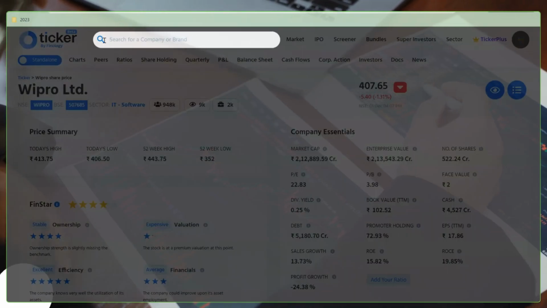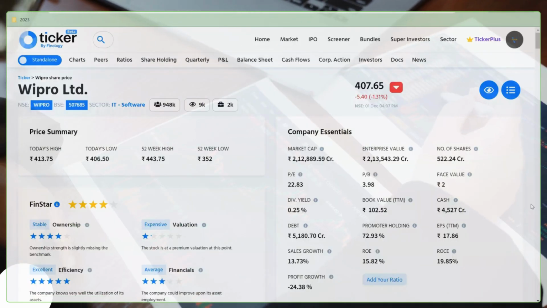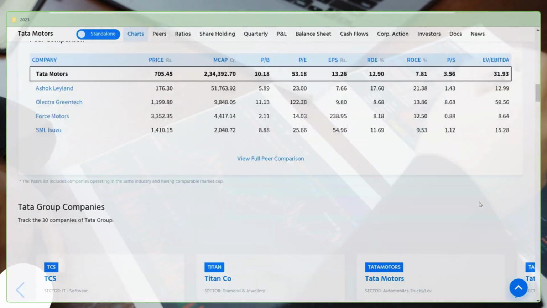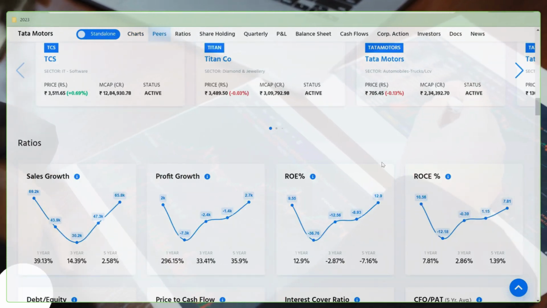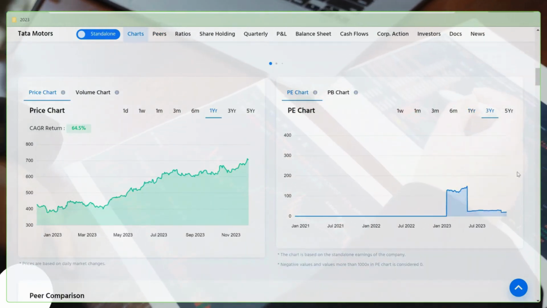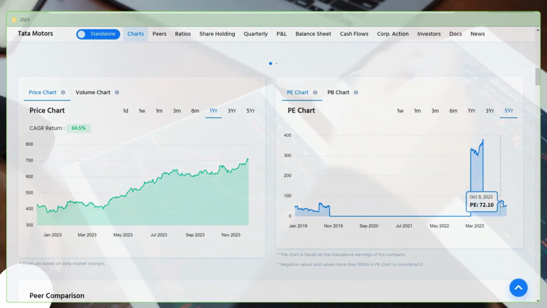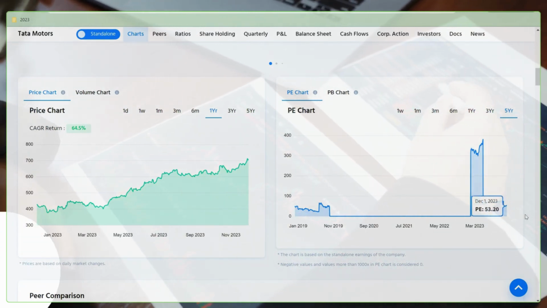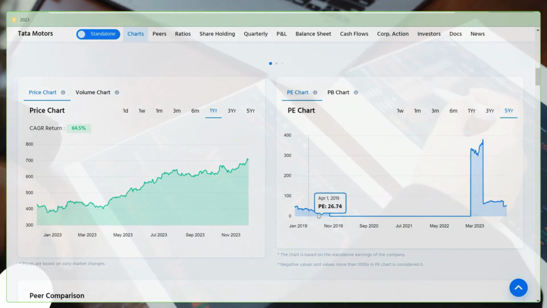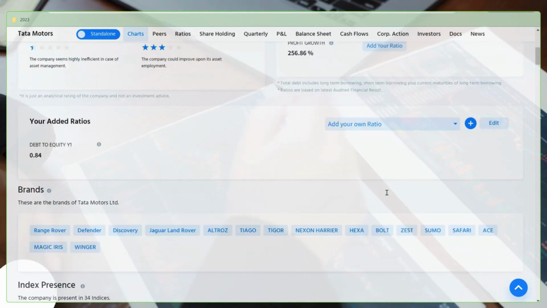If you see any automobile, there will be higher PE. Tata Motors. Where is the chart here? So Tata Motors PE is around 70, right? I don't know why it is showing this flat thing in between. For 0 PE, some split or something would have happened in Tata Motors.